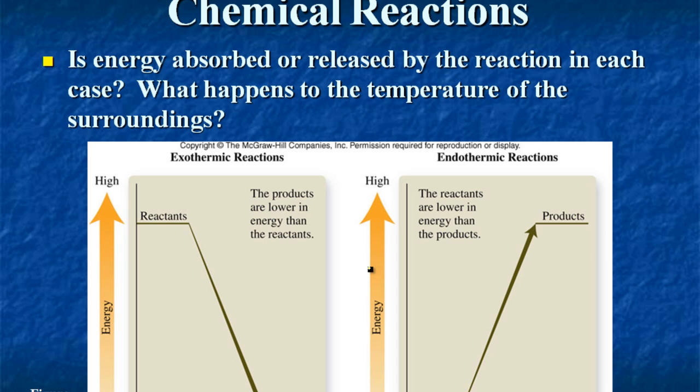Now the opposite is true for endothermic, that is, reactants have low energy and the products have higher energy. So how would this reaction occur if you don't supply that gap? It cannot happen by itself. You need to supply that gap of energy, and then only can the products form. So either you give heat or the reaction would absorb heat if possible from the atmosphere, like from your body or from the air.